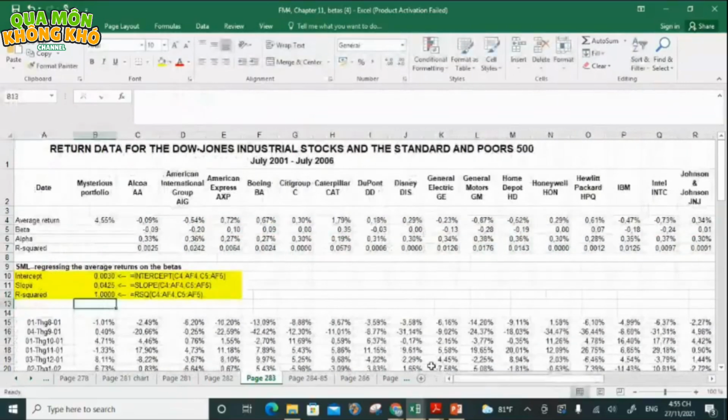But here you can see that the R square equals 1.